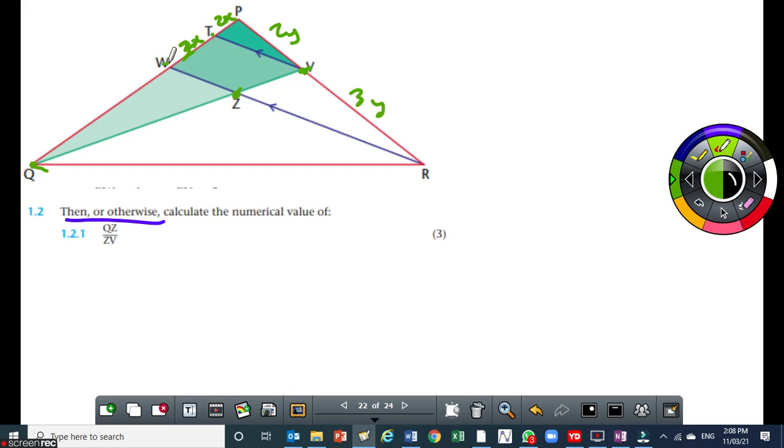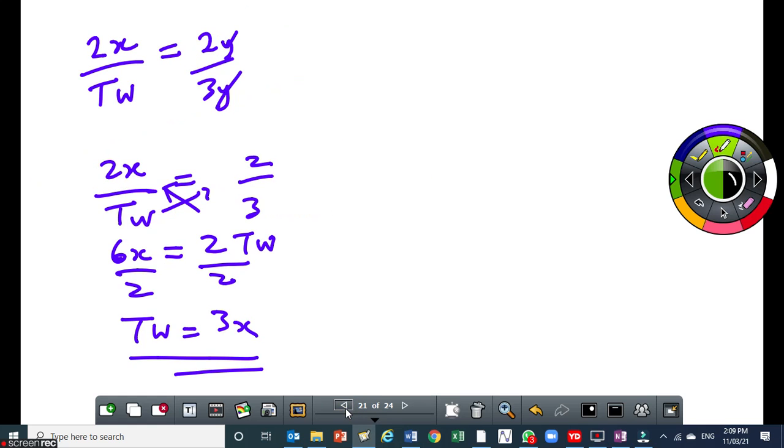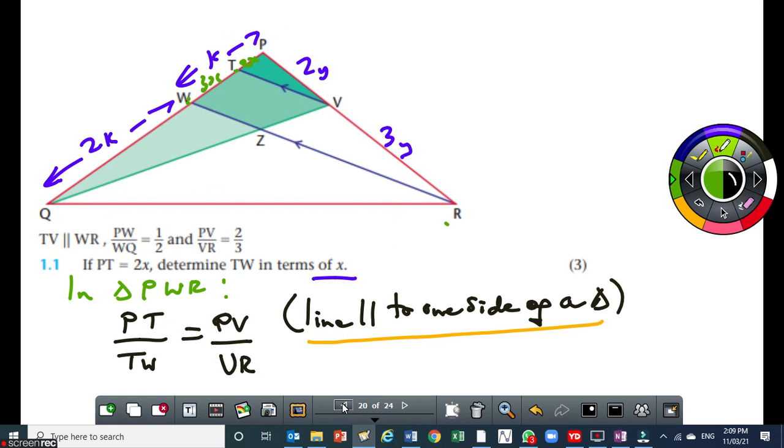Now, I want you to pay attention carefully to what I'm about to do now. It's very, very important. I already know from the previous diagram that from this ratio, PW over WQ is 1 over 2. Then I said QW is 2k and WP is equal to k.